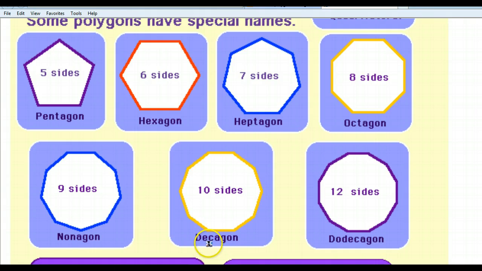Have you heard of a decade? A decade is 10 years of time, and 10 sides is a decagon, so the prefix deca means 10, so maybe that will help you. And then finally, a dodecagon is a 12-sided shape. So you need to memorize those words, that vocabulary, okay?